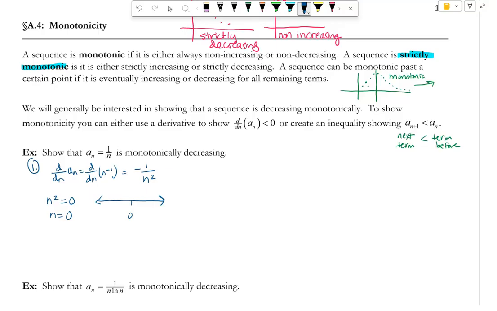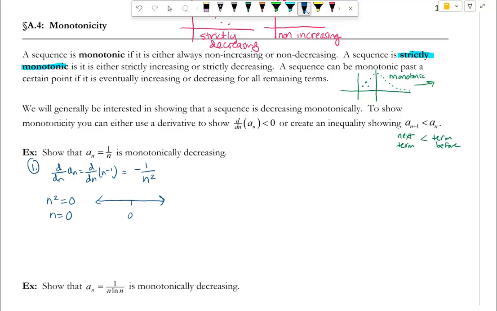But remember, when we're working with a sequence, a sequence is a discrete function, and its domain is going to be the set of natural numbers. So what I mean is that we're never going to plug in a number that is less than 1 for n. Because when I number terms in a sequence, I start with my first term.